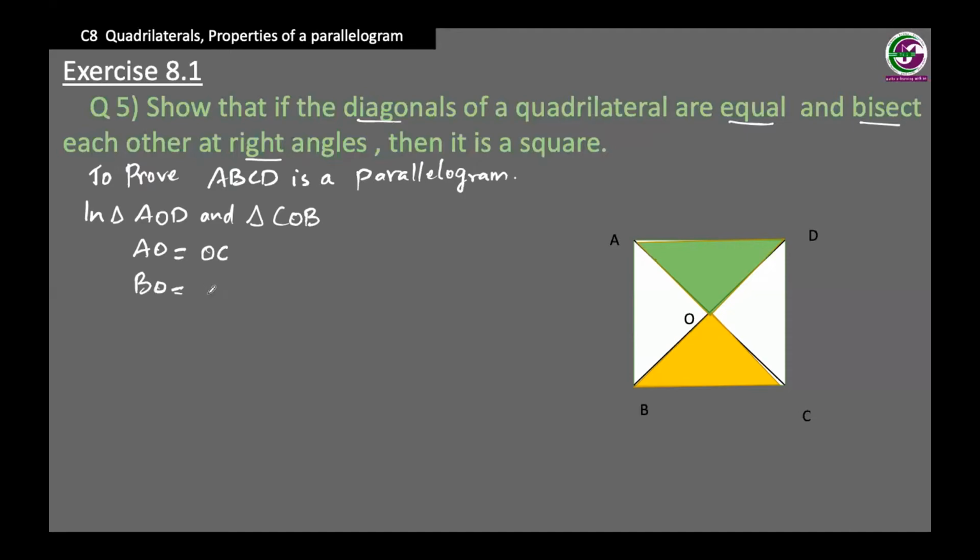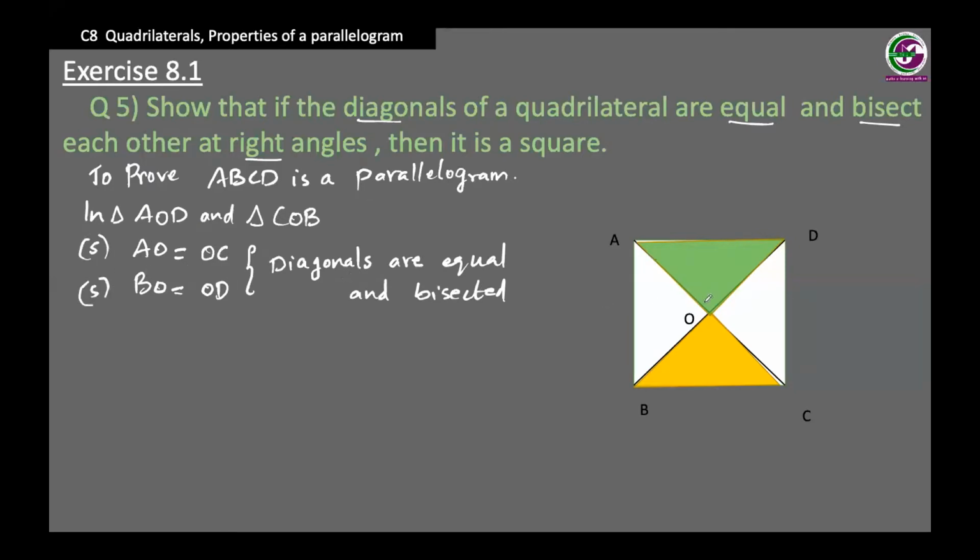The reason is they gave you the diagonals are equal and they are bisected. Which means, for example, AC is 20 centimeters, BD is also 20. It is bisected, which means AO is 10, CO is 10, OB is 10, OD is 10. All of the sides will be equal.